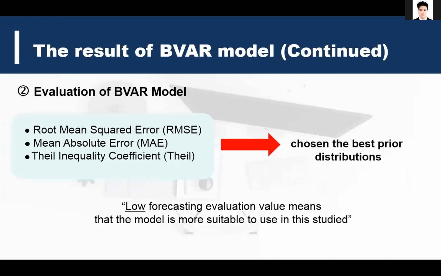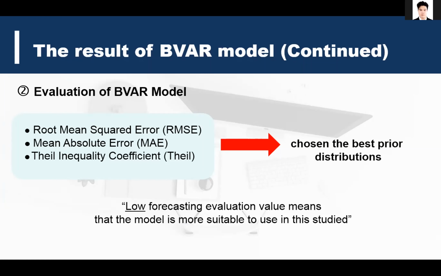The next step is to evaluate the BVAR model by choosing the best prior distribution. Three methods are used in this study. The first one is RMSE or root mean square error, the second one is mean absolute error, and the third one is the Theil inequality coefficient.